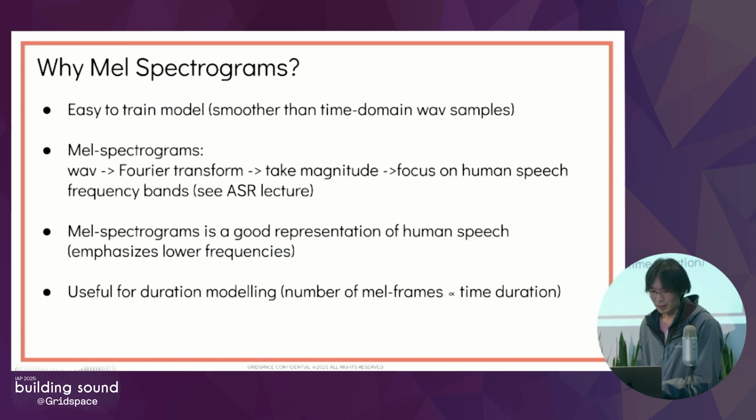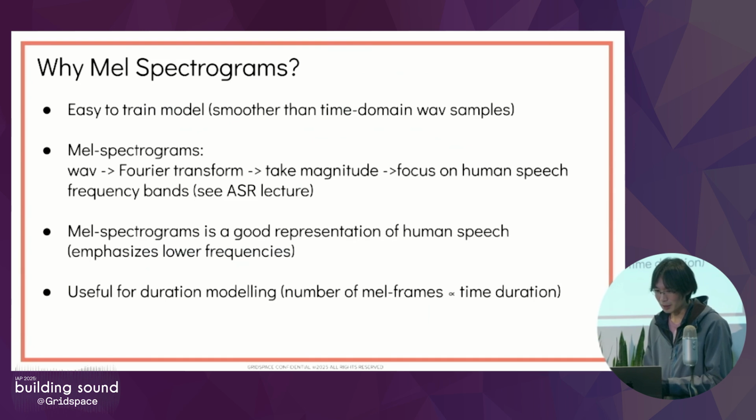MEL spectrogram in particular means that you take the audio wave, do the Fourier transform, take the magnitude only, and then focus on the human speech frequency bands, which means zooming in on the lower frequencies. It's a good representation of human speech because human speech has more emphasis on the lower frequencies.